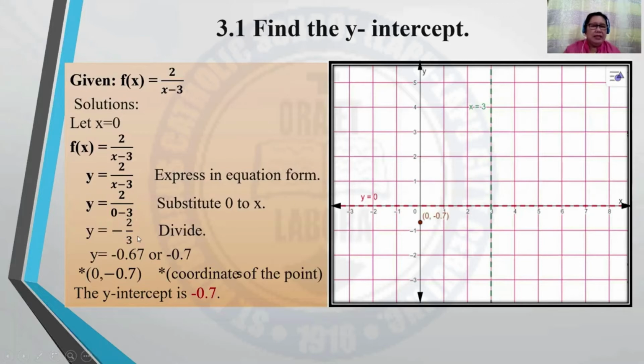Divide this and get the equivalent decimal form. So you have y is equal to negative 0.67 or negative 0.7. And these are the coordinates of the point. So the y-intercept is negative 0.7. So it's here. This is the y-intercept.